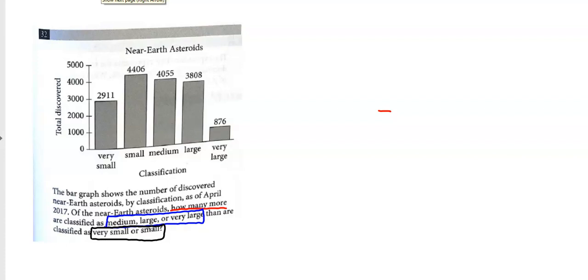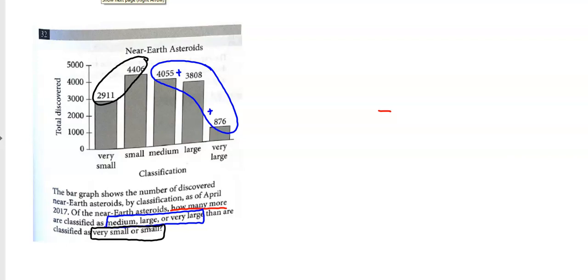So who's my blue group? Medium, large, or very large? So these three, this is my large group, and these two are my very small or small. And I want to know how much more the blue is minus the black. So I've got to add these numbers together. So let's go ahead and grab a calculator. Let's add these three up.